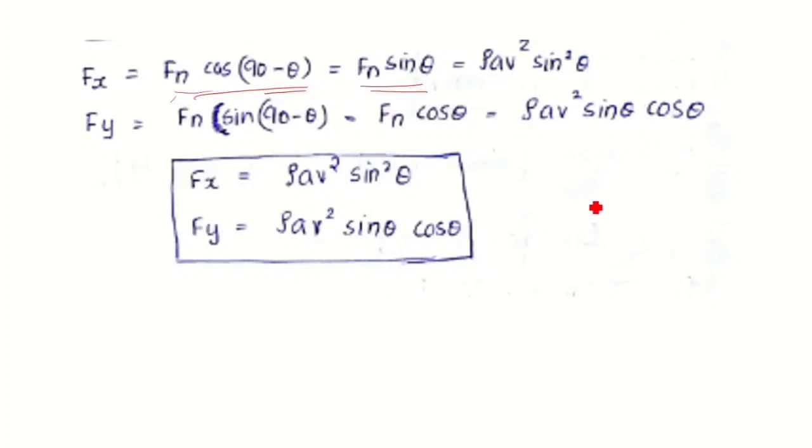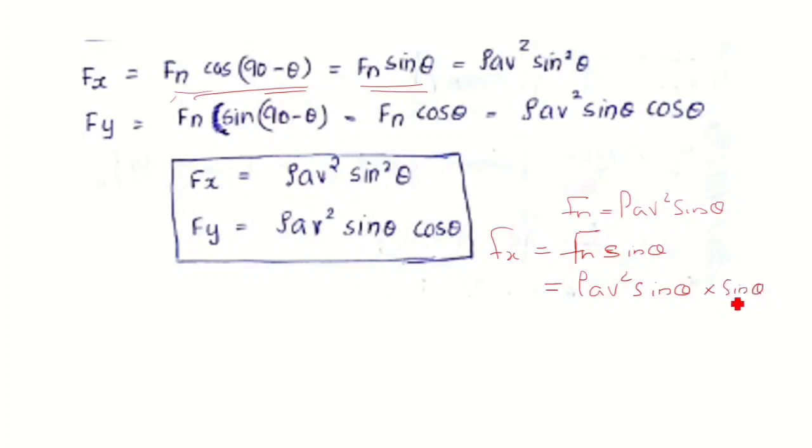We know that f of n is equal to rho a v square sine theta. So f of x is equal to f of n sine theta, which is rho a v square sine theta into sine theta, so rho a v square sine square theta.